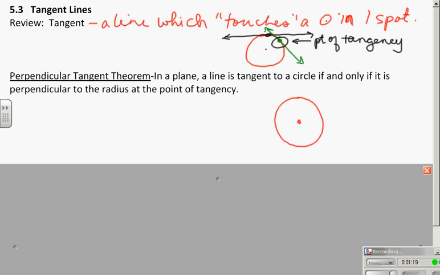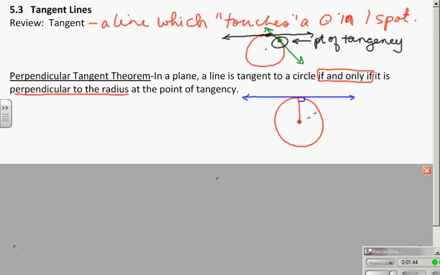And that becomes a key spot because, notice, if and only if, so this theorem works both ways, it is perpendicular to the radius. If I draw a radius out here, and there happens to be a tangent line, and they intersect at that point of tangency, this is a right angle.